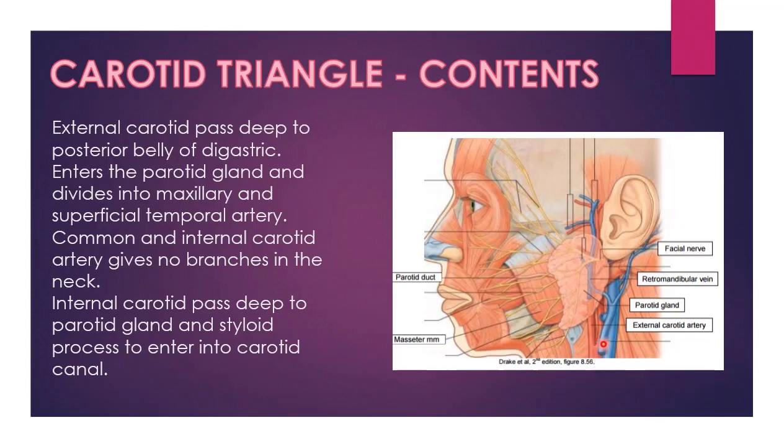Internal carotid artery passes again deep to the parotid gland, and then enters the carotid canal at the base of the skull. It is deeper to the styloid process, and the styloid process separates the internal carotid artery from the internal jugular vein.